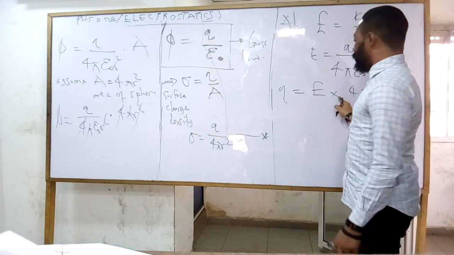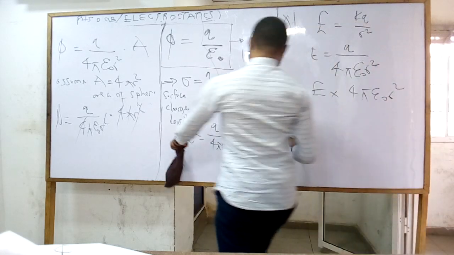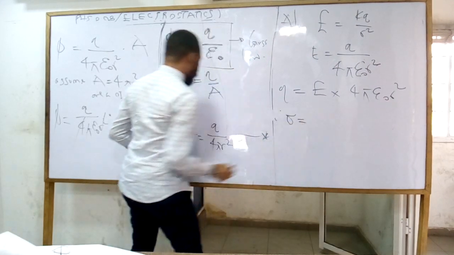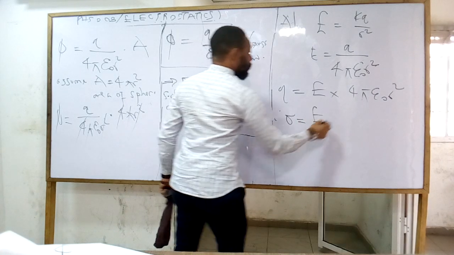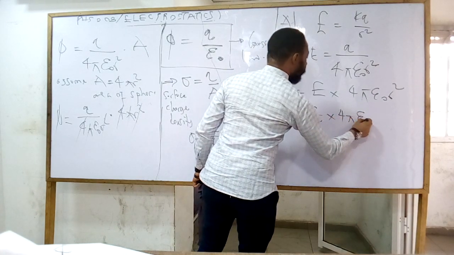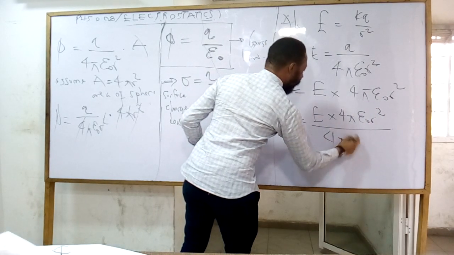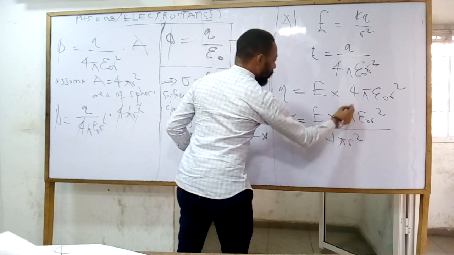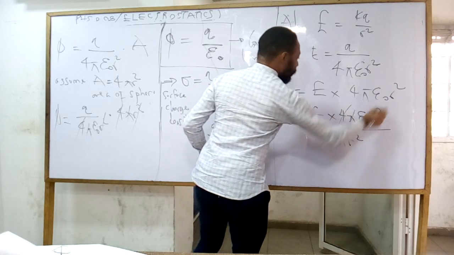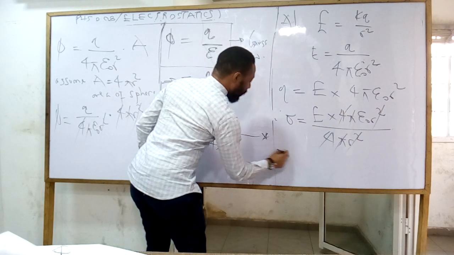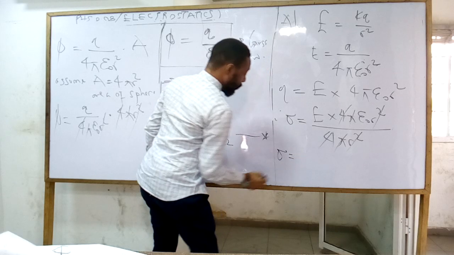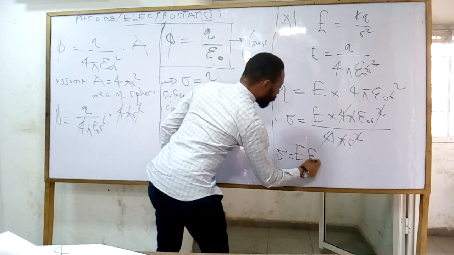So this is Q. I can put that Q here. So in that case, my sigma becomes E times 4 pi E naught R squared divided by 4 pi R squared. So these guys can leave. Eventually, my sigma becomes E naught E.